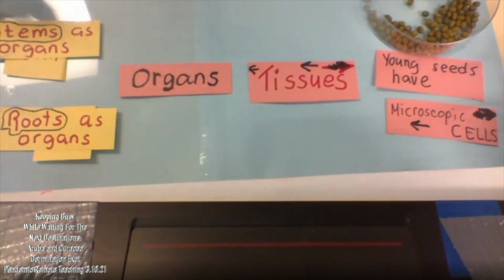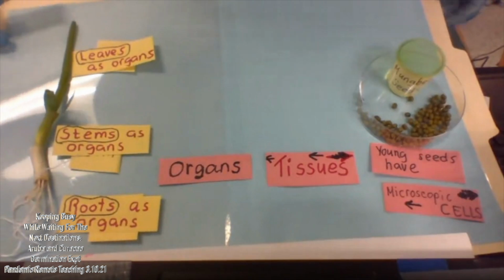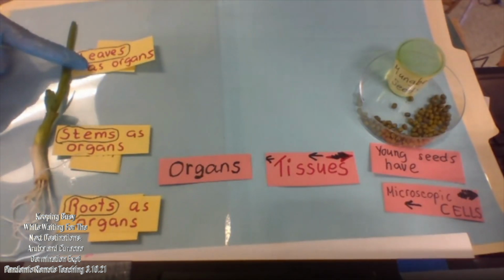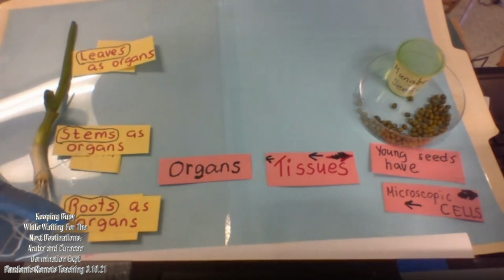And the leaves are organs. Sorry, my bad. That's a common word that I always hear from students. Okay, right, class. Leaves are organs, stem is an organ, roots are organs.